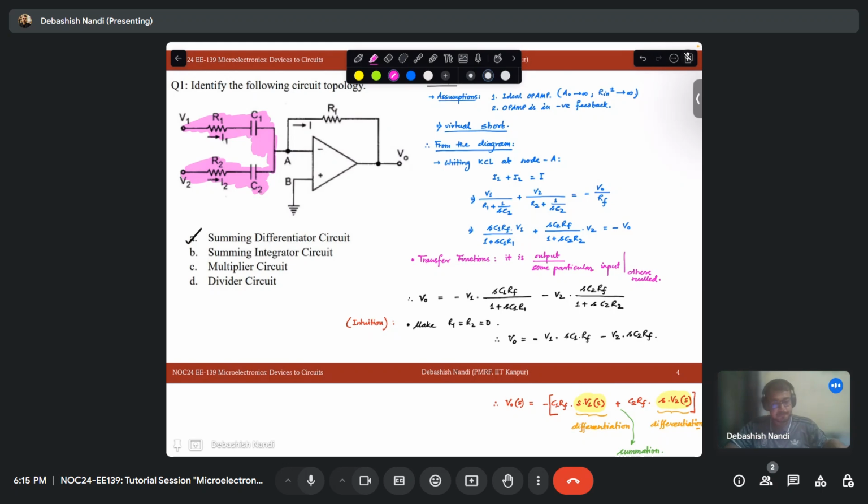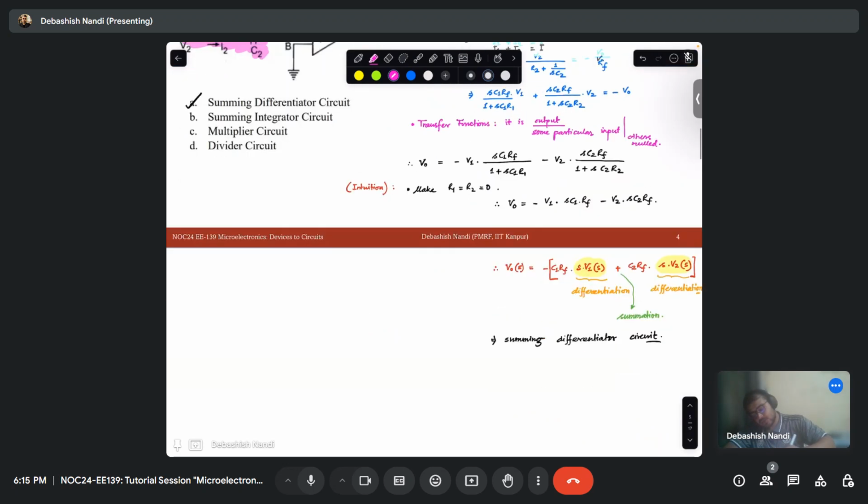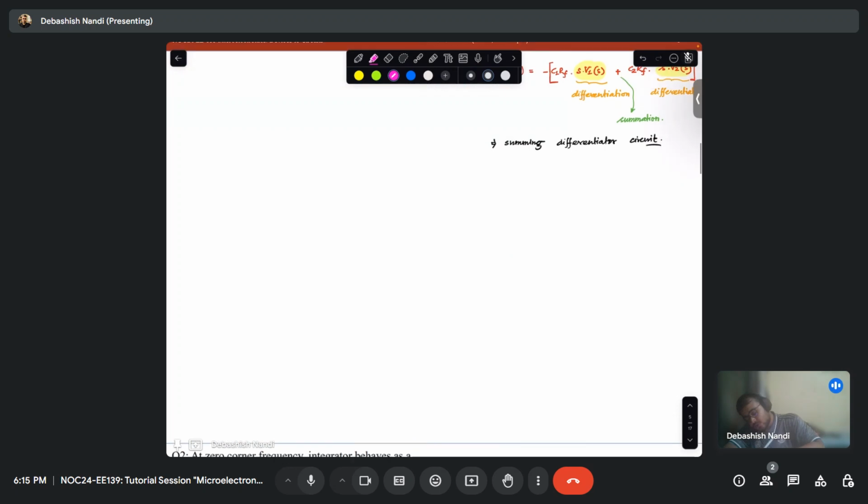But there is a capacitance connected at the input with a feedback via a resistance. Okay. So method 2, the summing part can be easily observed from the circuit.